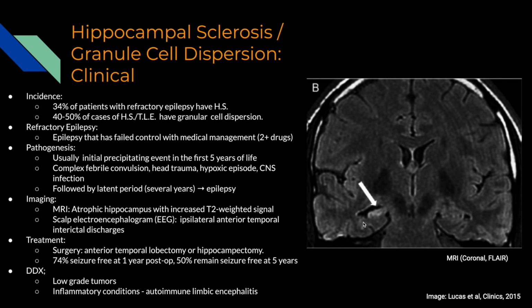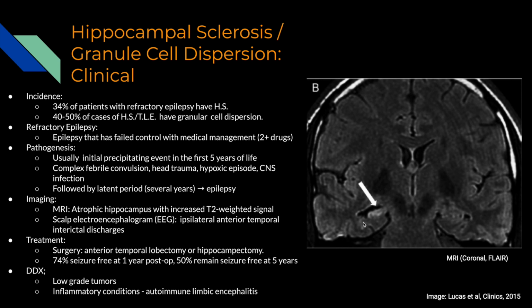You can also use EEG or scalp electroencephalograms to show that there are some interictal discharges coming from this area. Again, just to confirm what we already know, that this is a highly active area that needs to be removed to help reduce the seizures.